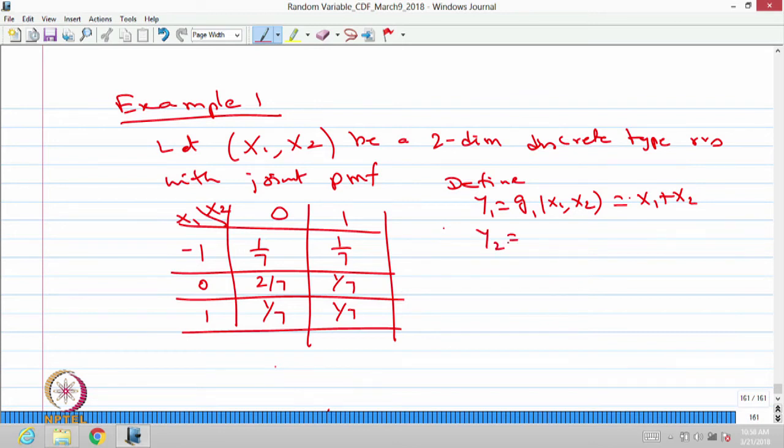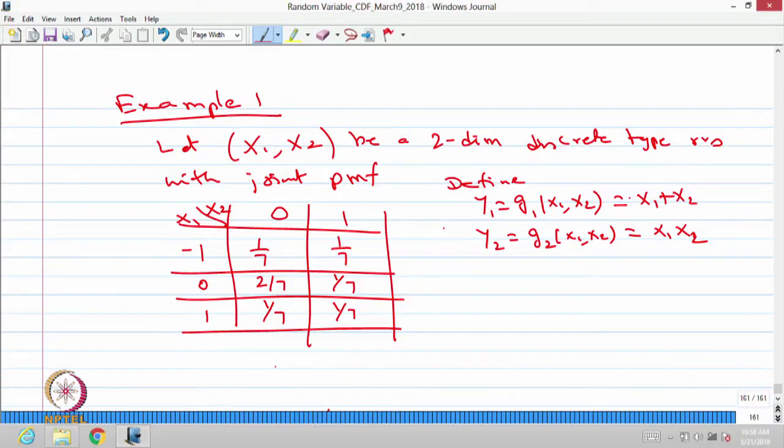We are defining a second random variable as g2 of x1 comma x2, that is the product x1 x2. x1 and x2 are discrete type random variables, y1 is x1 plus x2, y2 is equal to x1 into x2. Therefore, y1 and y2 are discrete type random variables. Now our interest is to find the joint probability mass function of y1 comma y2.